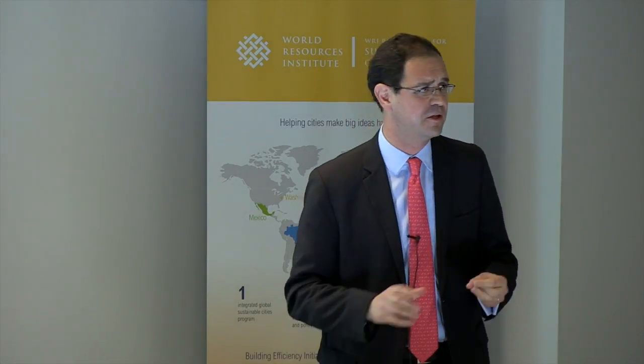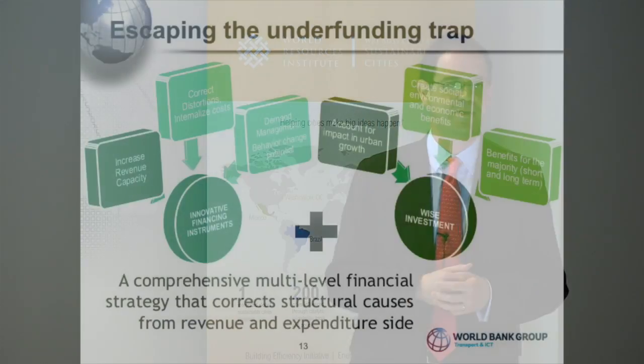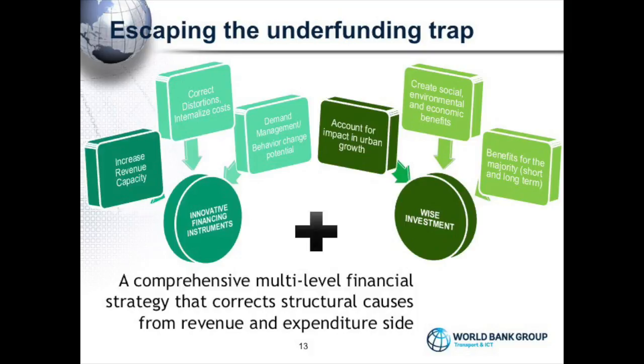And here is, in a nutshell, our framework, how to escape the underfinancing trap. So on the left, you see the innovative financing structure that increases revenue, but above all, manages better the "if you benefit, you pay" principle. Because the financing mechanisms, as I will present, we split them by type of beneficiary: general beneficiary, direct beneficiary, and indirect one.